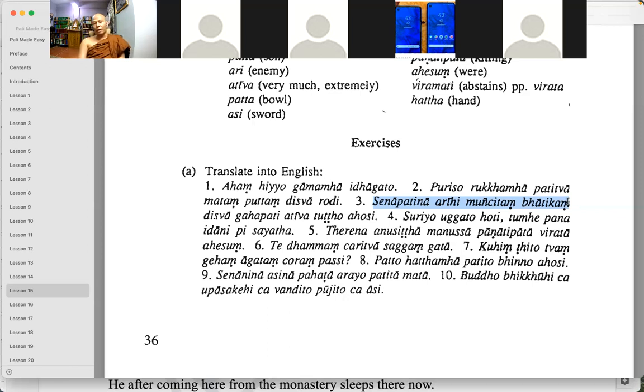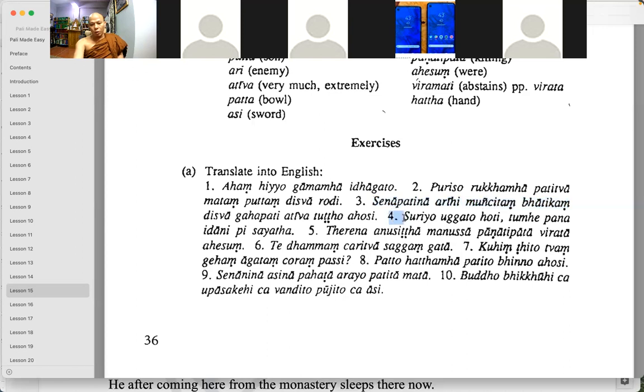Arihi, with the ablative case. And Badigan is the object of Desawa, with the accusative case. Monjitan is also a modifier of Badigan, with the accusative case. So Sena Badina Arihi Monjitan Badigan is a past participle phrase. We can understand it in this way. Okay, great. And now, number 4.